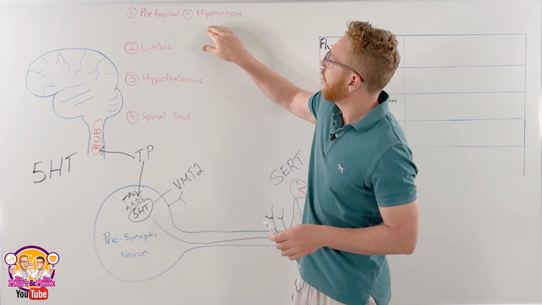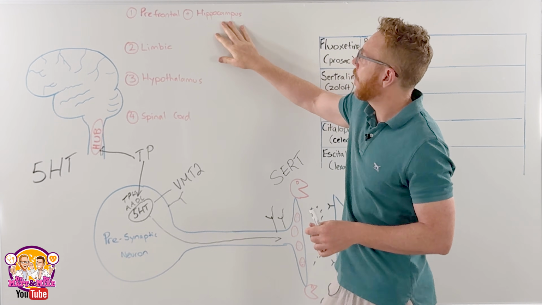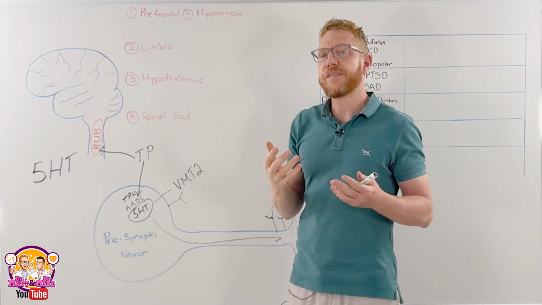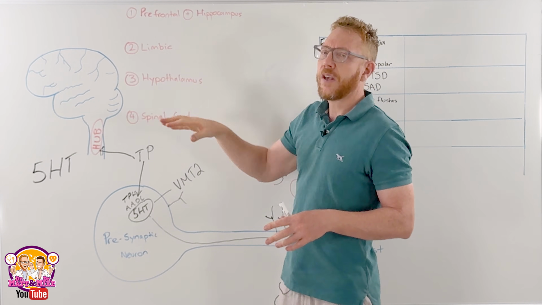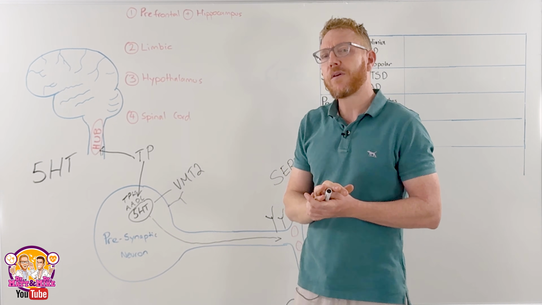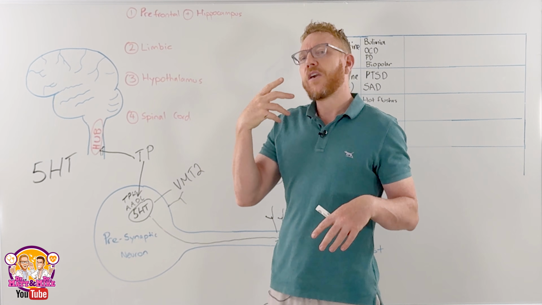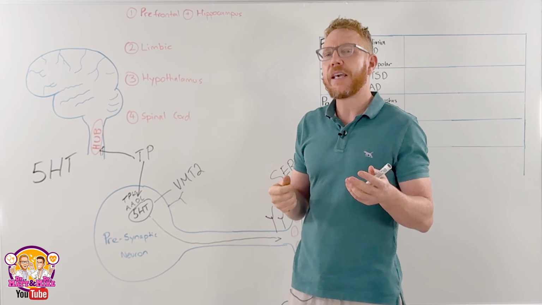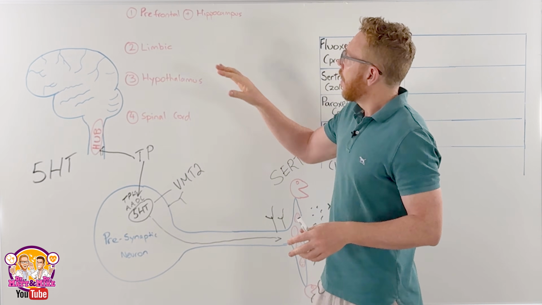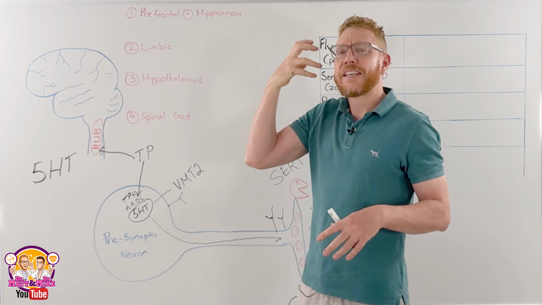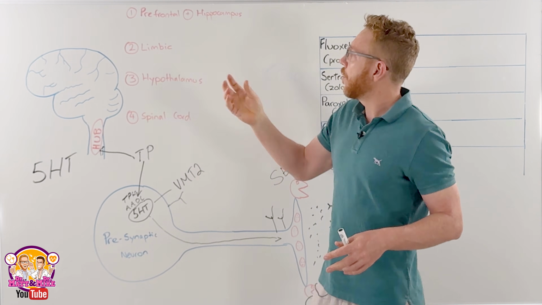So when we look at the prefrontal cortex and the hippocampus, this is important for executive functions. This is going to be about having behavioural responses to certain stimuli. It's going to impact our coping mechanisms, our impulsivity, our memory, our learning, and attaching associations with the memory.